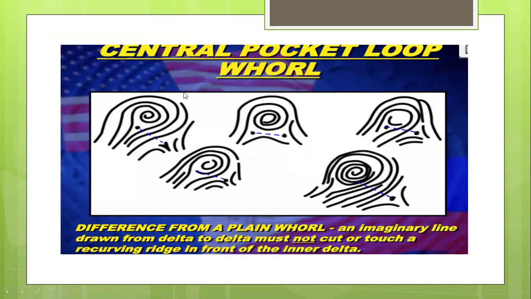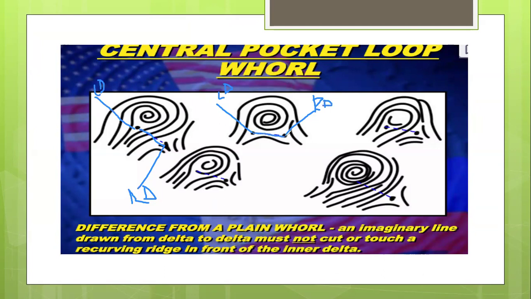So, this is a circuiting ridge. Automatically, this is the delta, and this is the left delta, LD, and this is the RD. When drawn between the two deltas, it touches no recurving ridge. And this one also, the LD and RD.